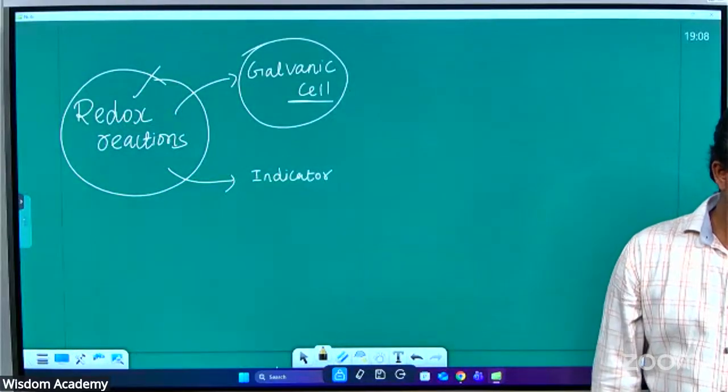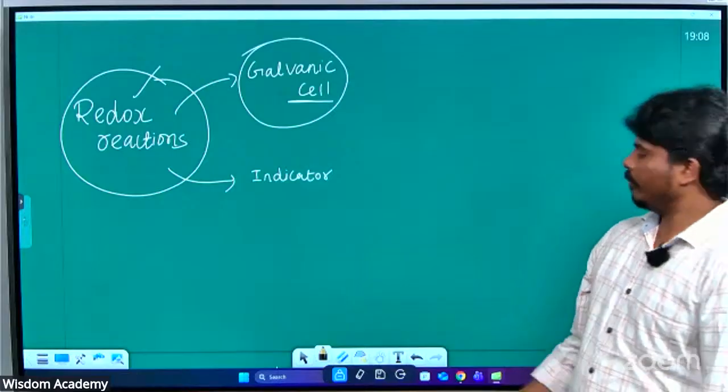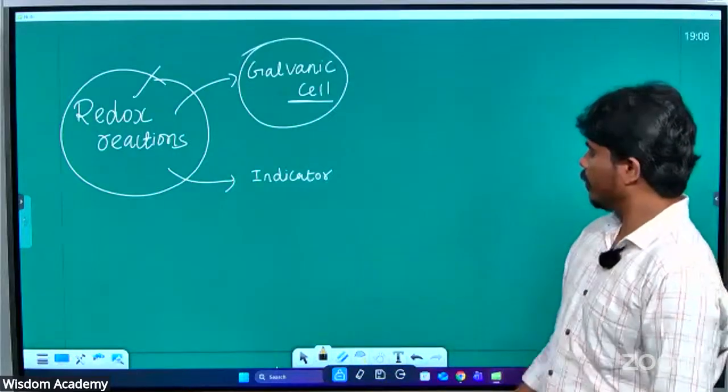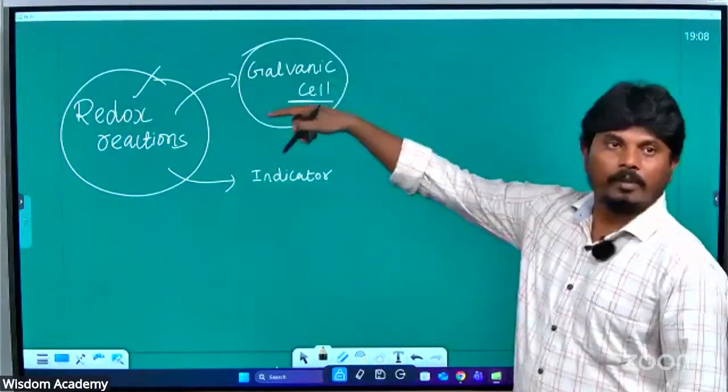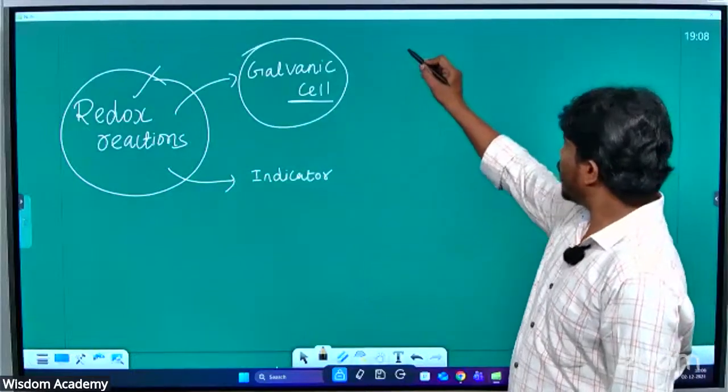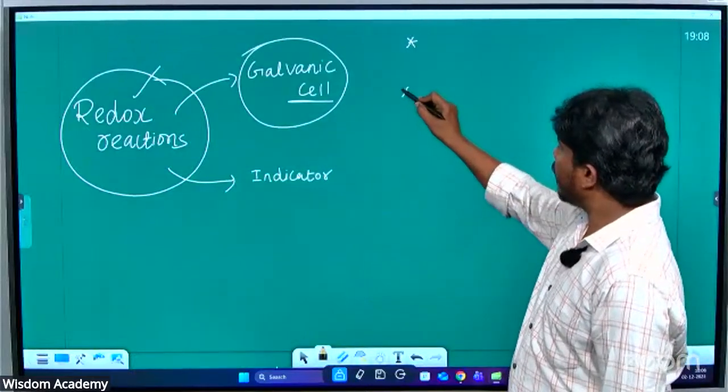For galvanic cell, we need to learn some basic terms.